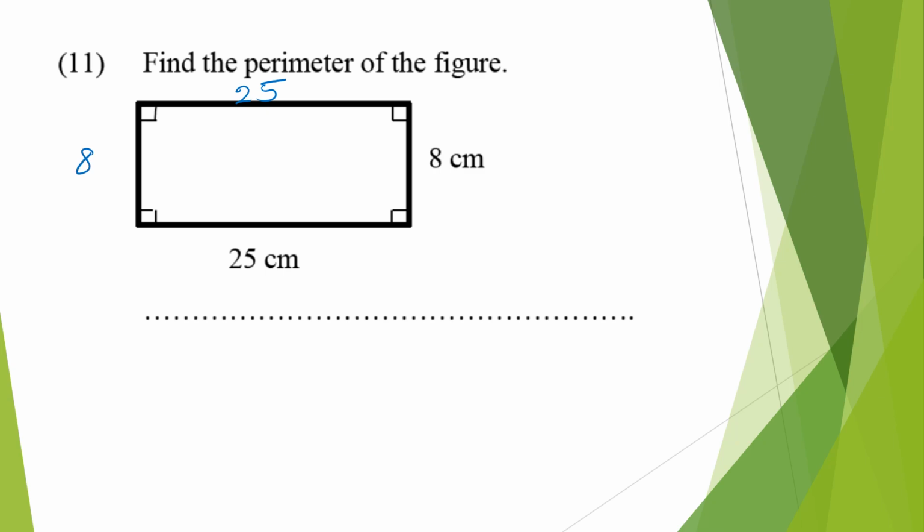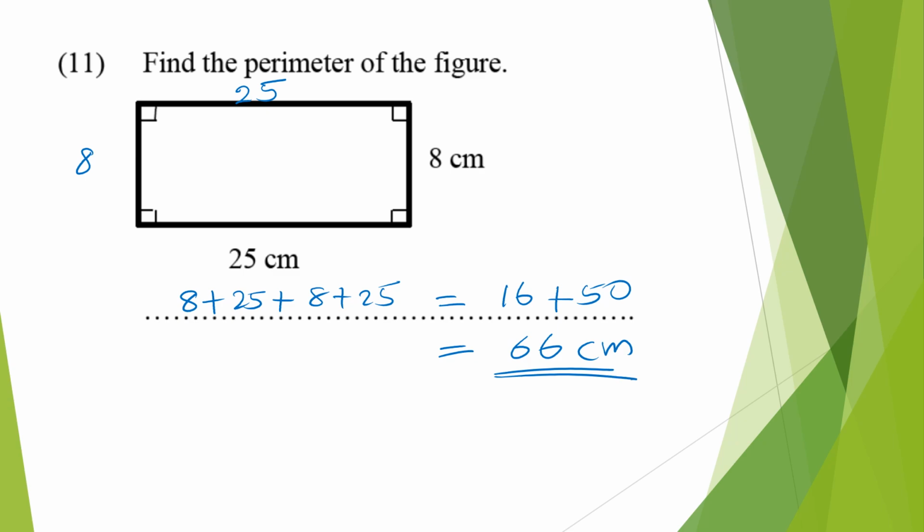So you can add all these: 8 plus 25 plus 8 plus 25. So this is so simple. 8 plus 8 is 16, 25 plus 25 is 50. Then this is equal to 66 centimeters. So this is how you get the answer. This is the perimeter of this rectangle.